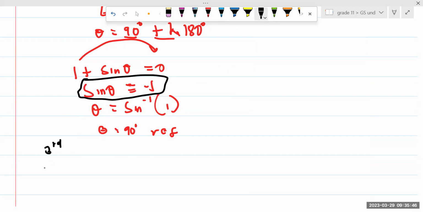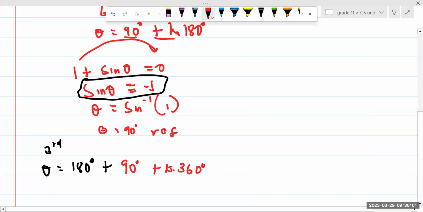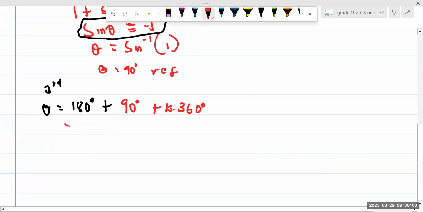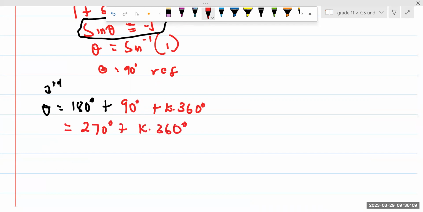According to the third quadrant, we are going to have theta, which is going to be 180 degrees plus our ref angle, which is 90, plus k multiplied by 360 degrees. And then we're going to have 270 plus k multiplied by 360.